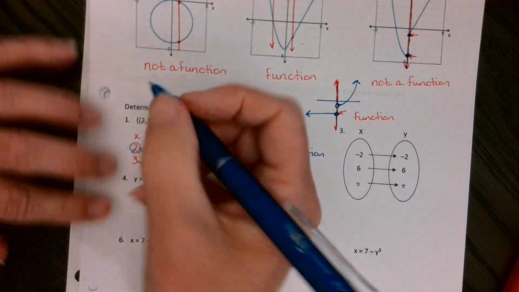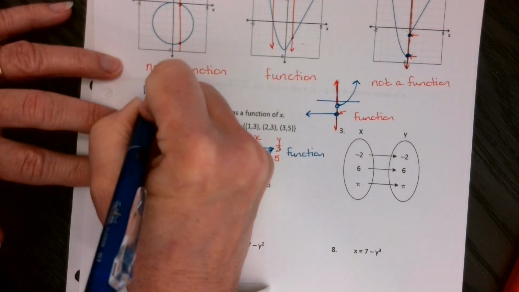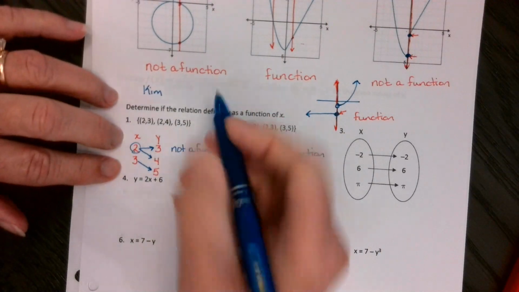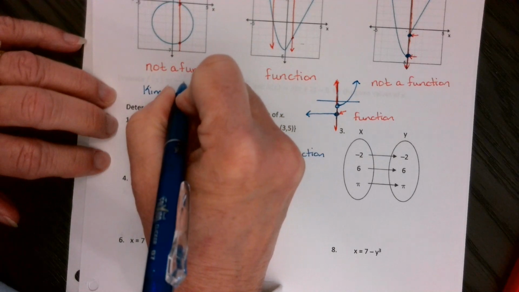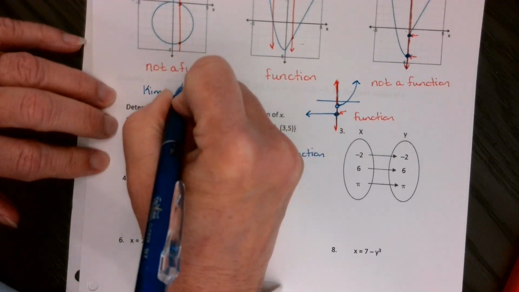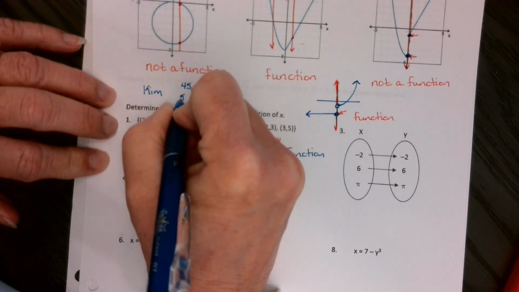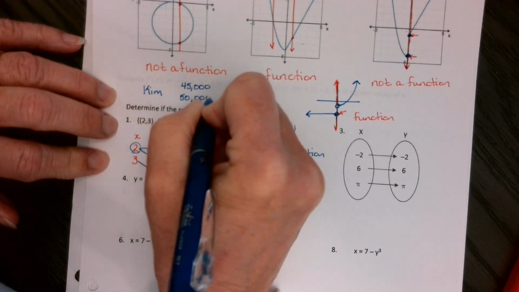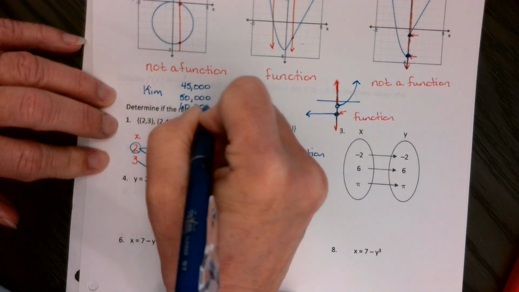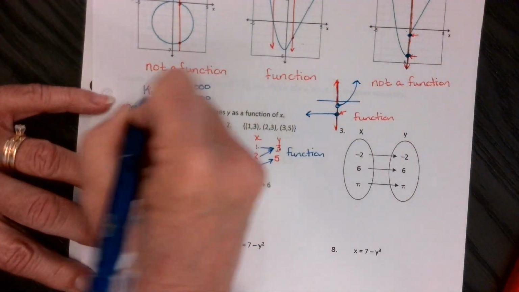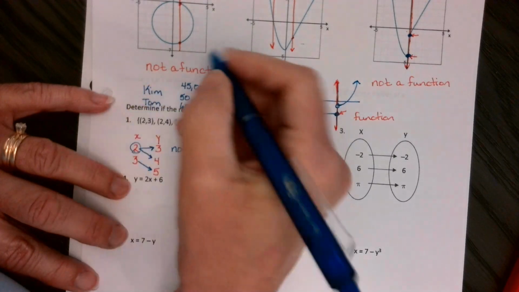It's similar to, let's just use me as an example, or any teacher. Some instructors might get paid $45,000. Others might be paid $50,000. Some are paid $60,000. They're all different. Let's say we have Kim and Tom.